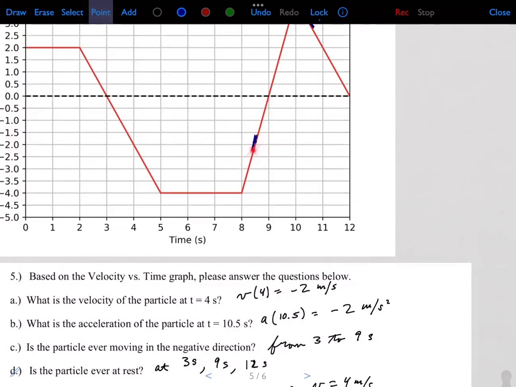Remember, this graph represents the velocity, and then eventually to 0 here. So we're moving in a negative direction, but the acceleration's positive. So what's actually happening? We're actually slowing down. Our speed is becoming less.